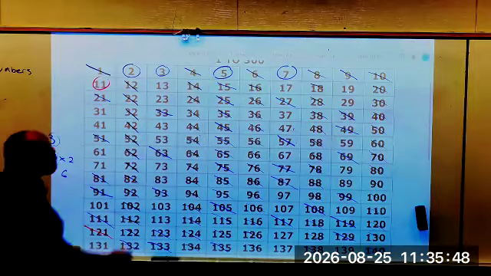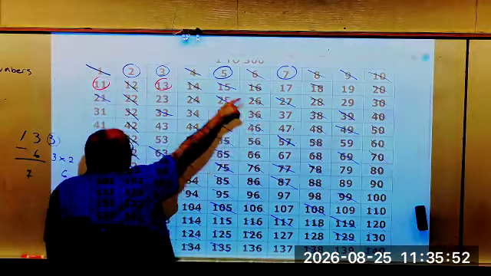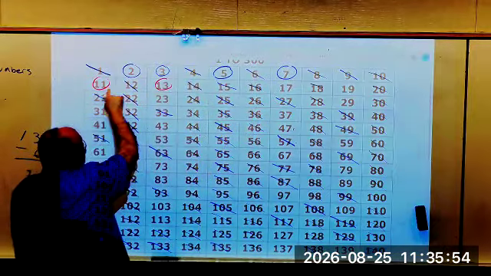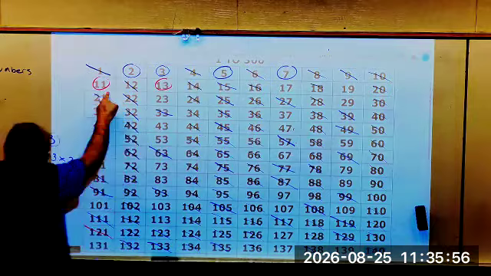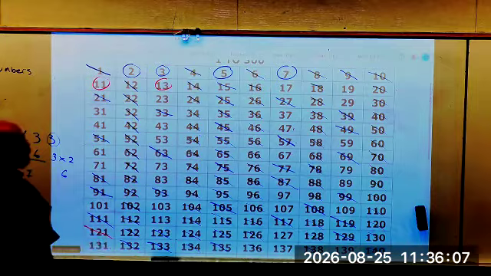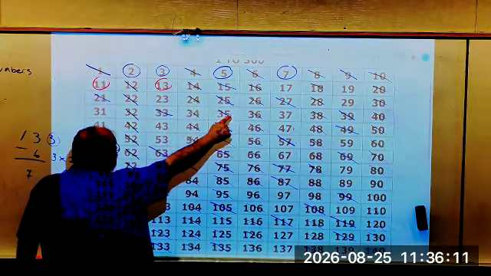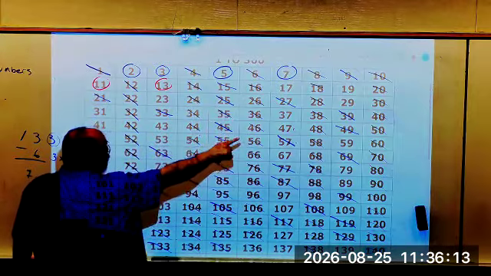And then 13. We've already done 13 times all of those. We've already done 13 times 11, and 13 times 11 doesn't even fit. So let's see if we can figure this out. 13, 26, then 39.